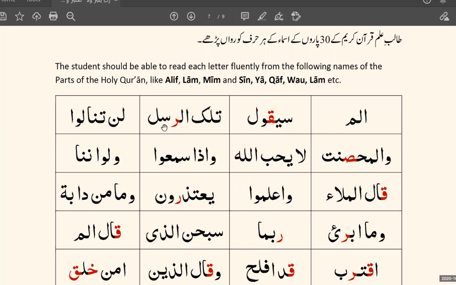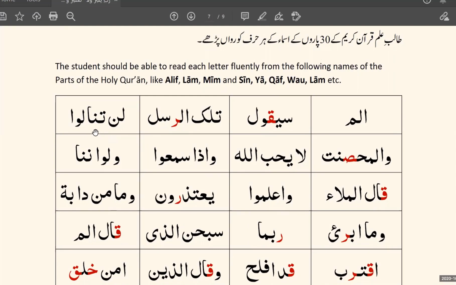Ra. Sin. Lam. Lam. Noon. Ta. No, ta two seconds, not three, four, not three. Ta, two seconds.